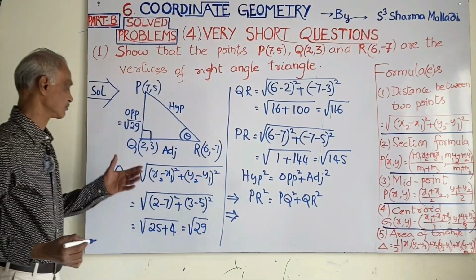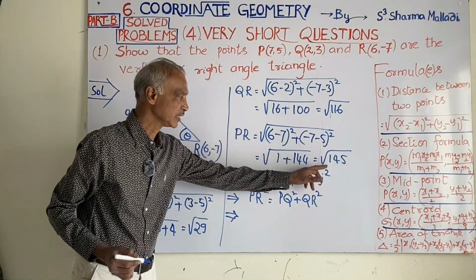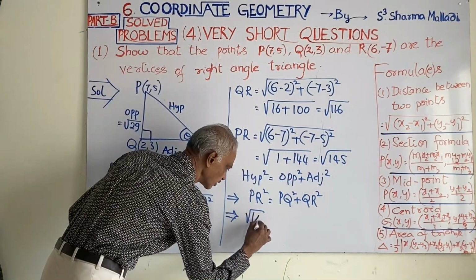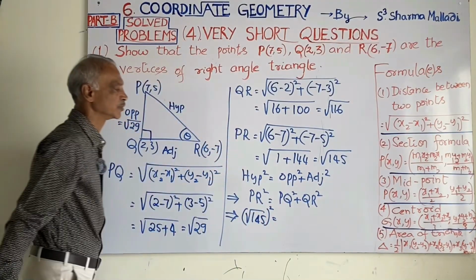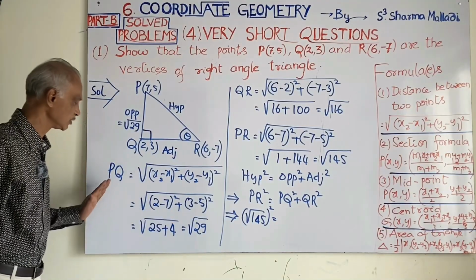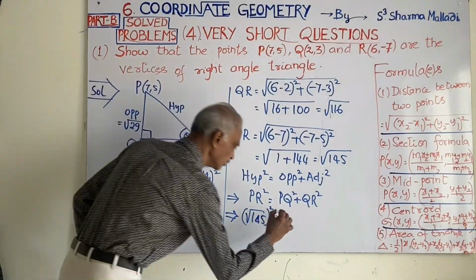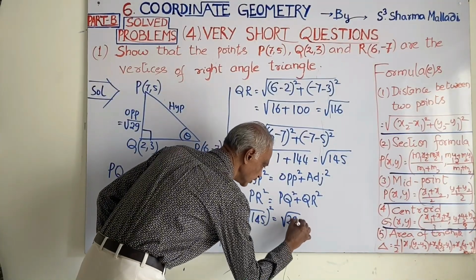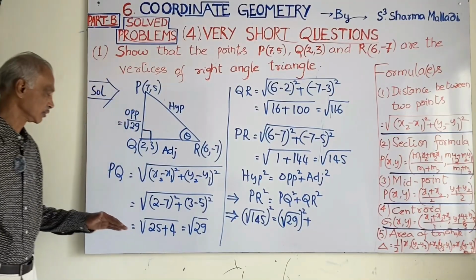Now, what is PR square? PR means hypotenuse. PR is root 145, whole square, must be equal to PQ square plus QR square. PQ is equal to root 29, so PQ square is 29.